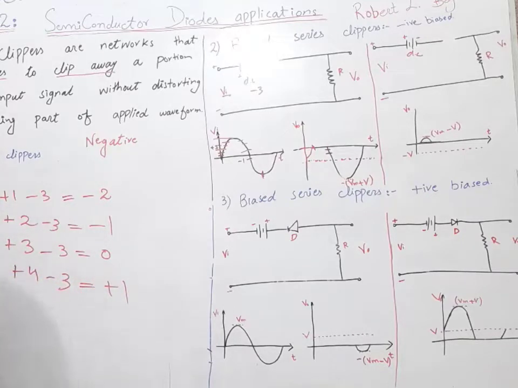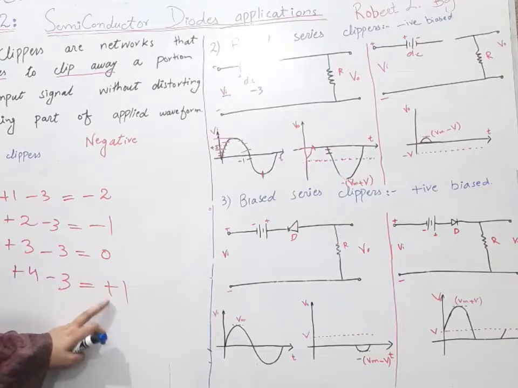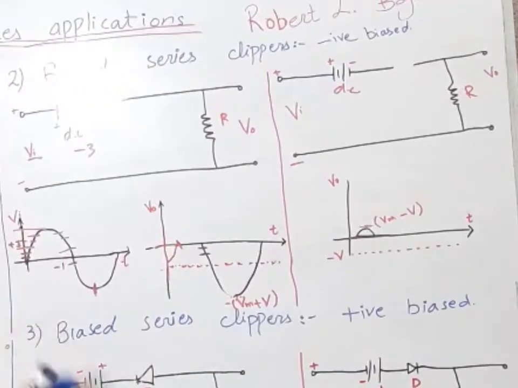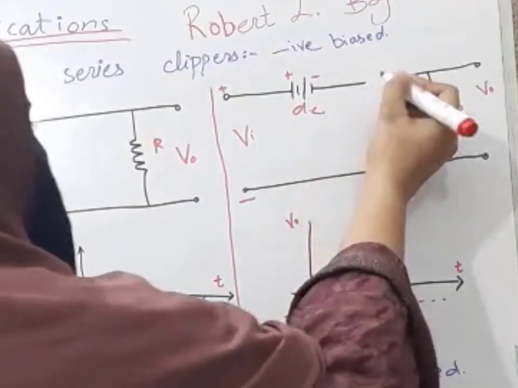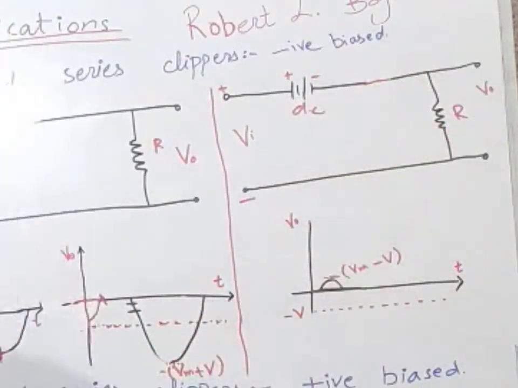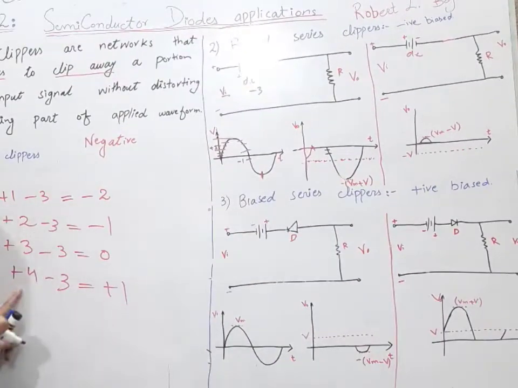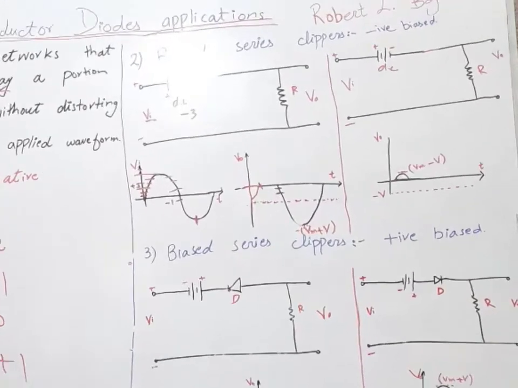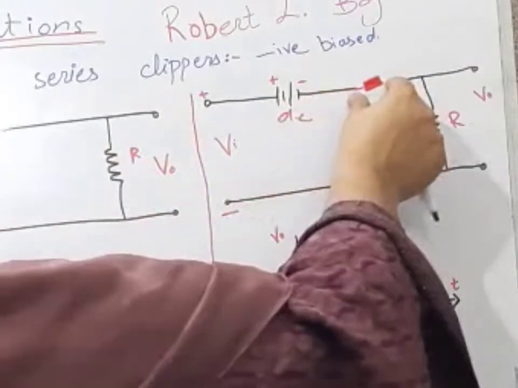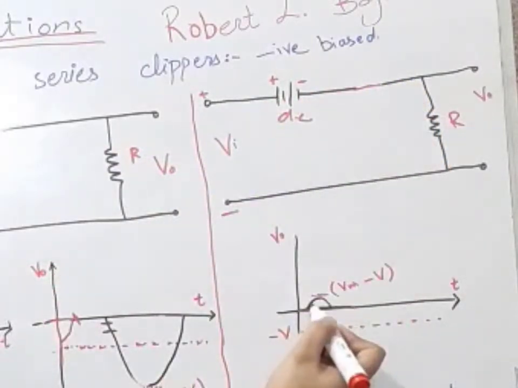So we can say here that our applied waveform is winning here, and our applied waveform with a potential of +1 will try to make the diode forward biased, and we will get +1 here.